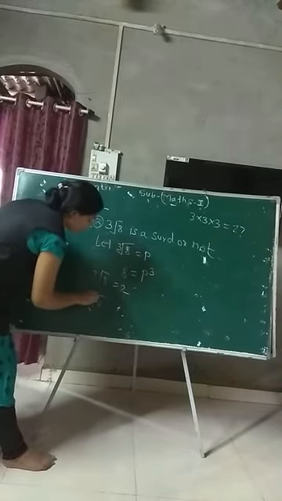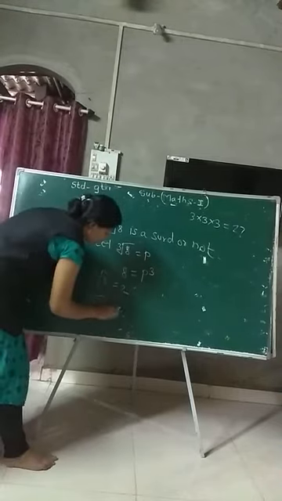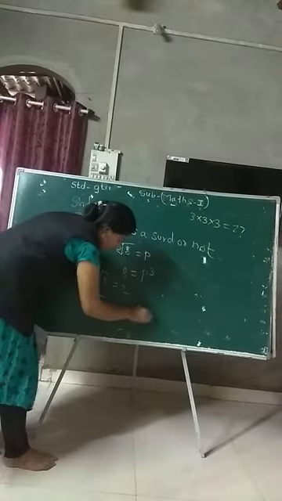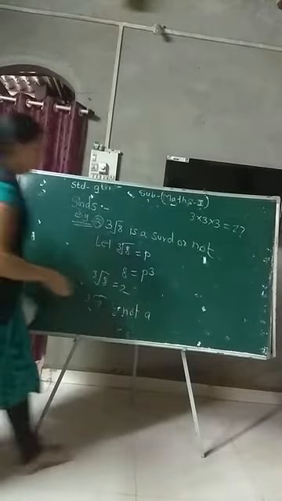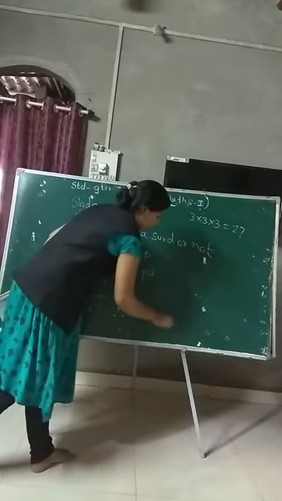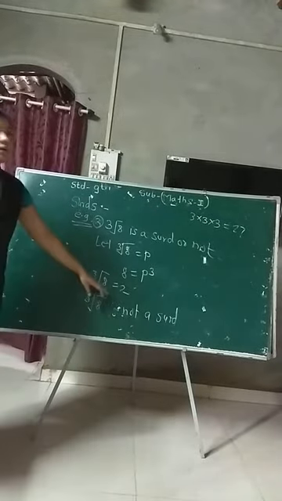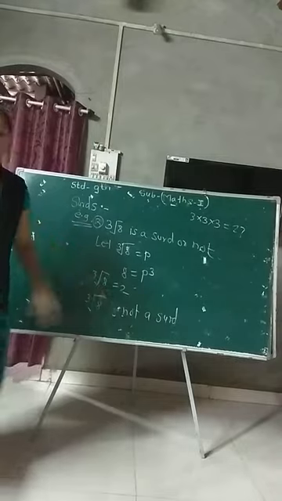Therefore, cube root of 8 is not a surd because 2 is a rational number.